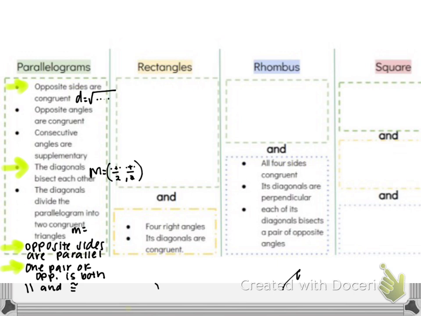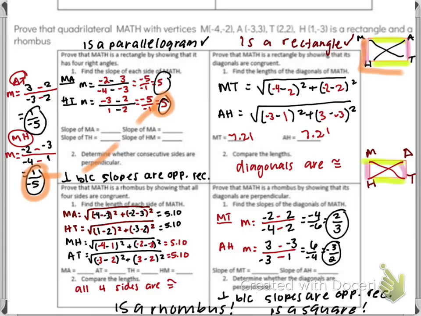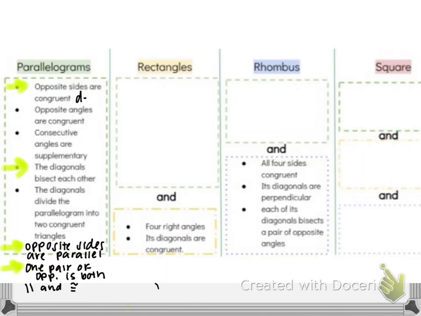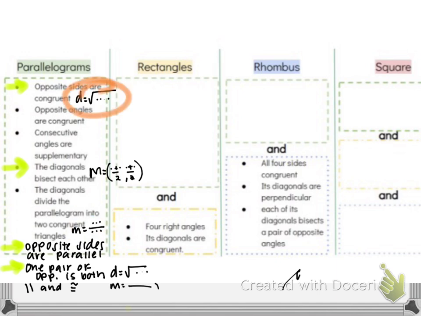That's the one where you use your slope formula. And this bottom one is just a combination of these two, this one and this one, just FYI. Sorry, I keep doing that.